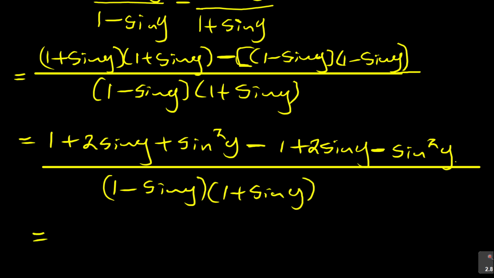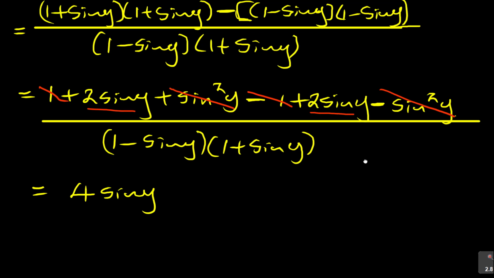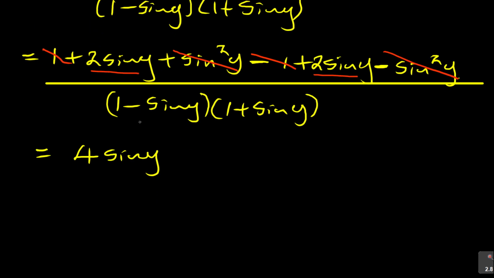Equal to, now continuing, if you look at what we have, 1 minus 1 goes, and then we've got 2 sin y plus 2 sin y. What does it give us? It gives us 4 sin y, and then you can see also plus sin squared y minus sin squared y becomes 0.